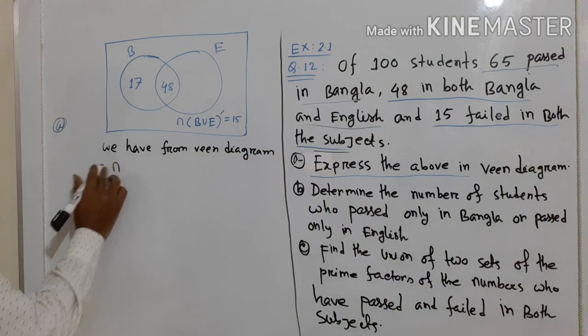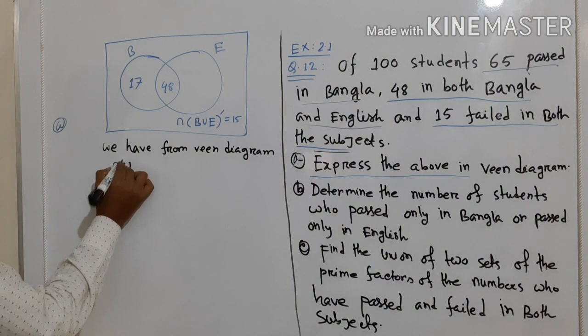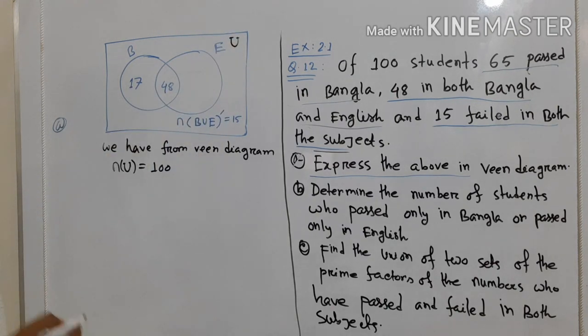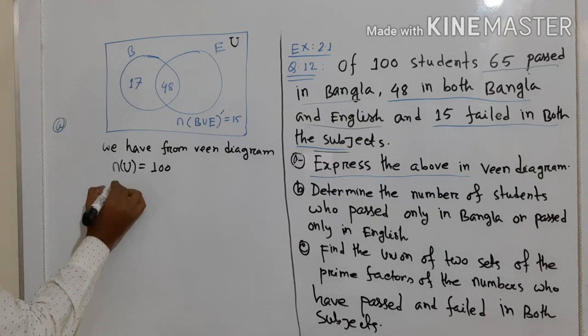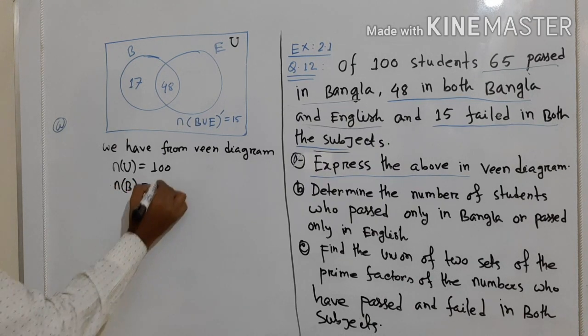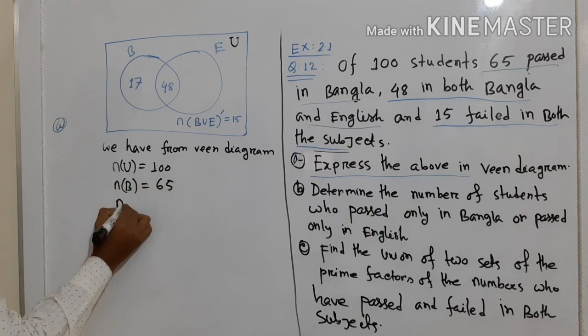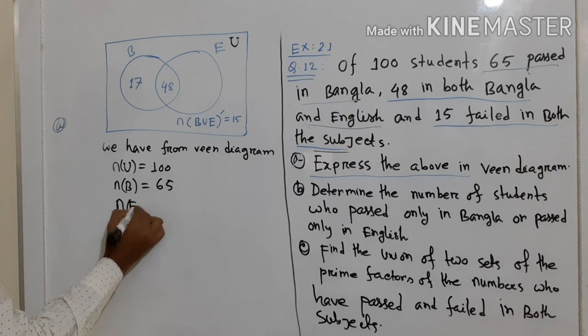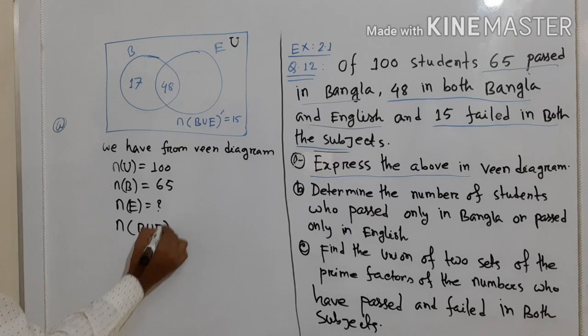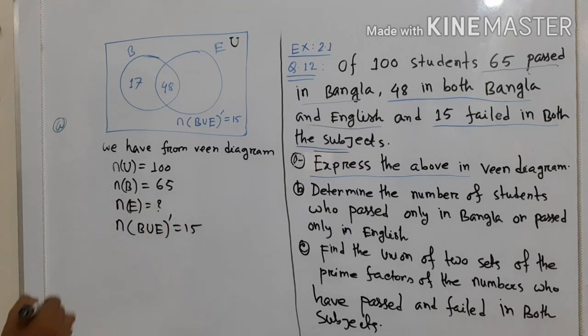In the Venn diagram, number of U equal to 100, this is U. Number of B equal to 65, number of E equal to what, and number of B union E complement equal to 15.